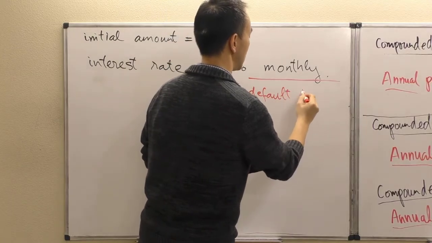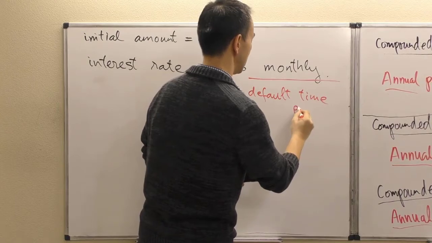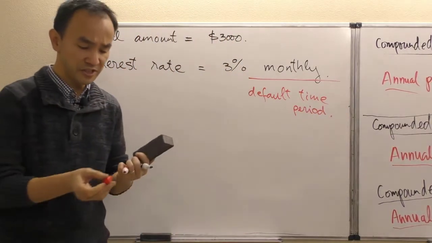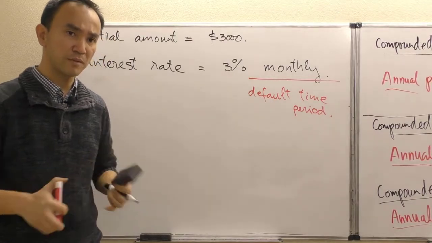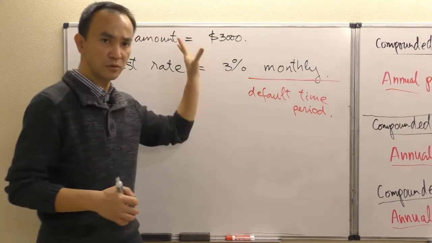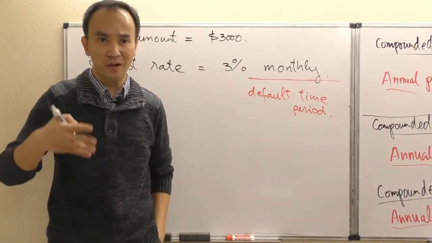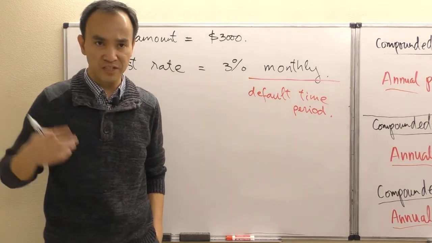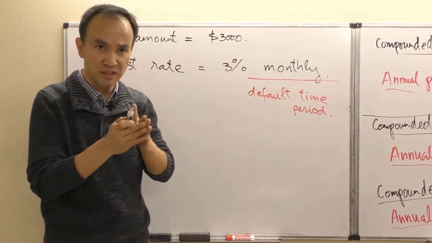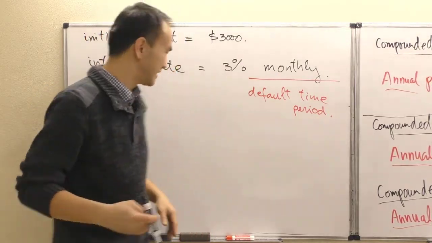This is the default time period. So each default time period is 1 month apart. So even though we're stepping out of the world of annual interest or annual percentage yield, if we set our default time period to something different than annually, we can still do a similar thing.